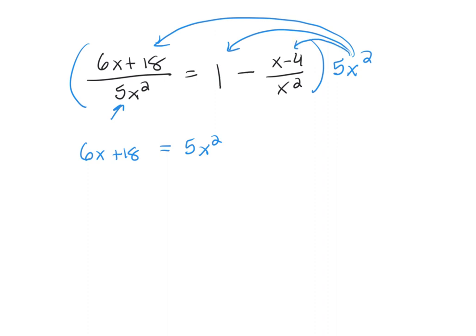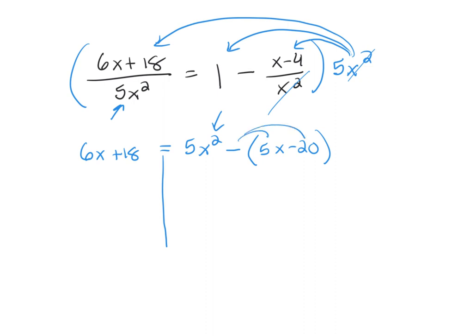and multiply here. Let's think about this. I've got minus, the x squareds will cancel, but I will still have a 5. So minus, if I distribute it in, I'll have 5x minus 20. And now I have a quadratic that needs to be solved. So I'm going to set this all equal to 0.